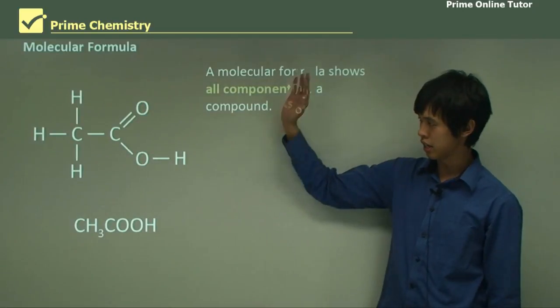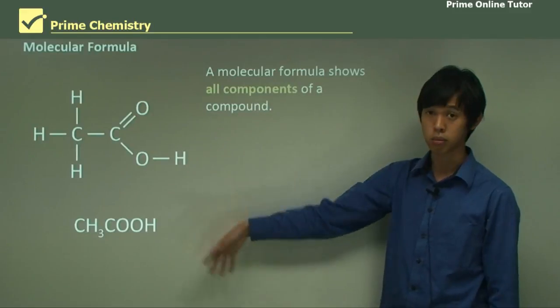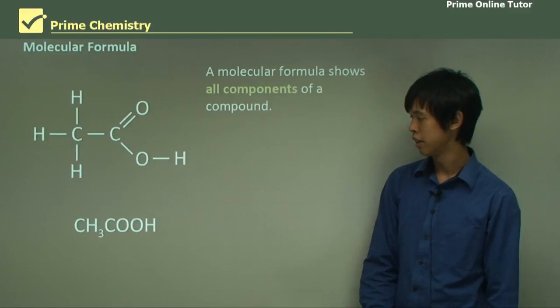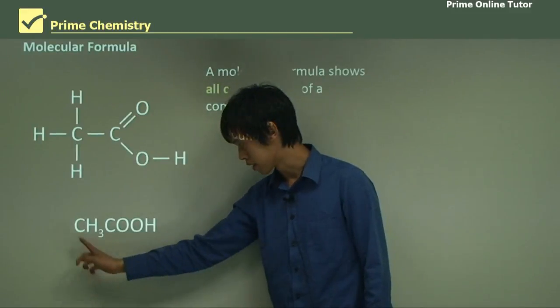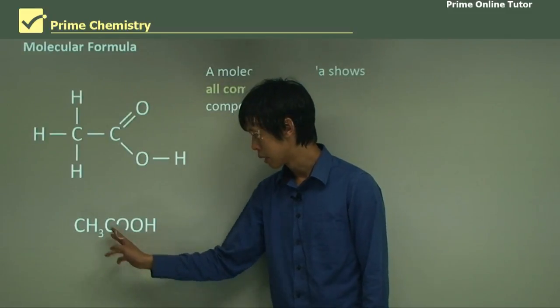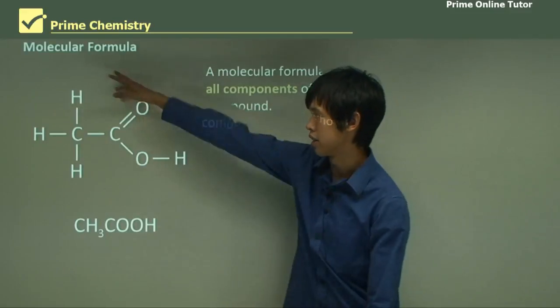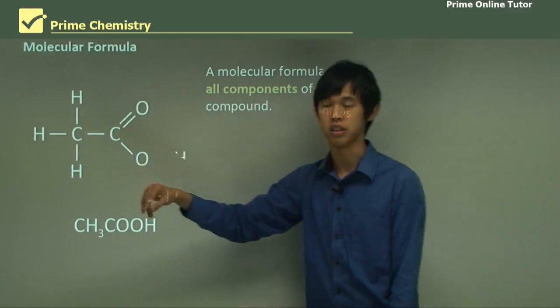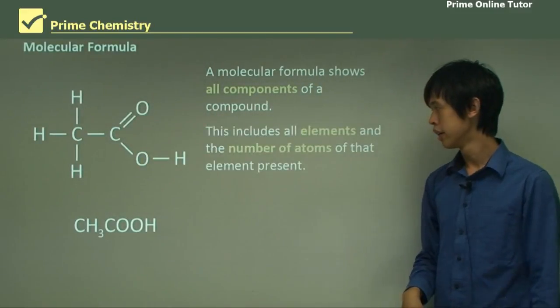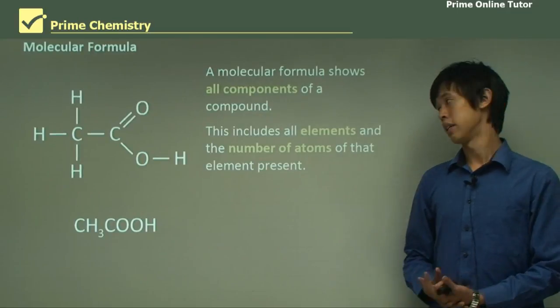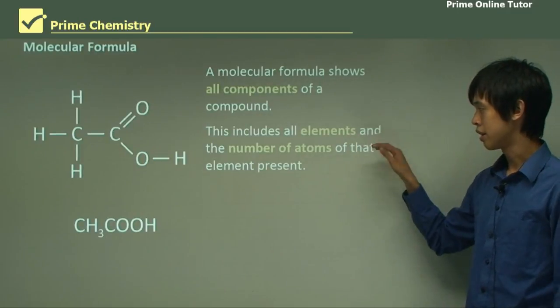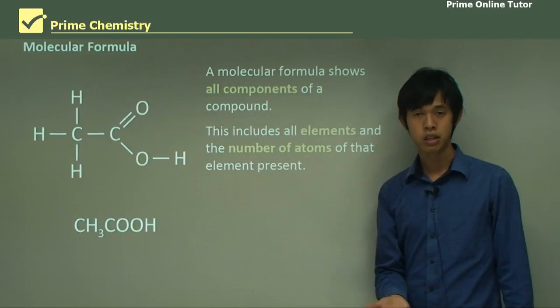So you can see that in the molecular formula, we can see all of the different components. In a slightly more condensed form, you can still see 2 carbons, 2 oxygens, but we have H3 and H rather than having this singular H structure. Okay. So within a molecular formula, all of the elements and the number of atoms of that element are present.